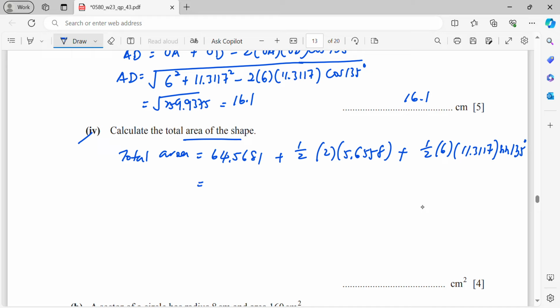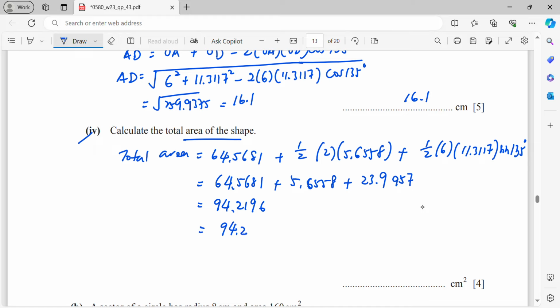So from here, it will be 64.5681 plus 5.6558 and then plus 23.9957, and at last you will be getting 94.2196, and now I round up, it will be 94.2. So that's the solution of this question.